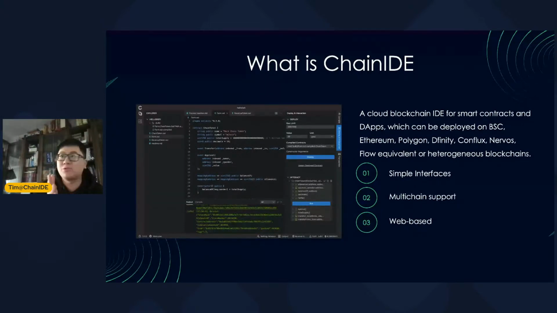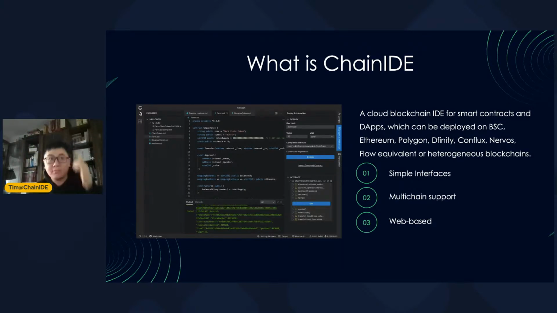So it's a quite straightforward, simple interface, and it's multi-chain and web-based. Those are the three key features of ChainIDE. The reason we want a simple, web-based IDE is that blockchain developers can be very quick. In the future, we envision it all online, all in the browser, with no need for external or desktop software.